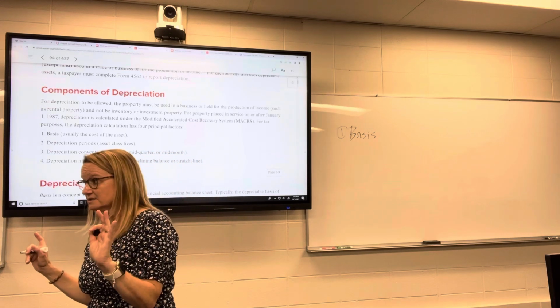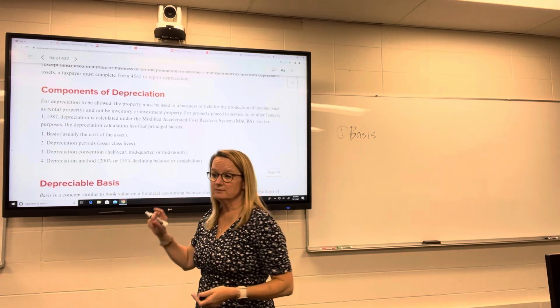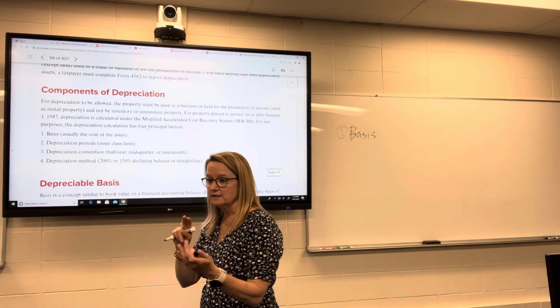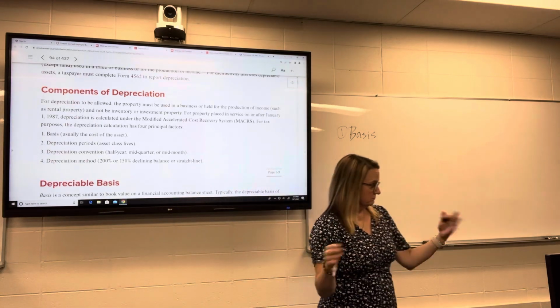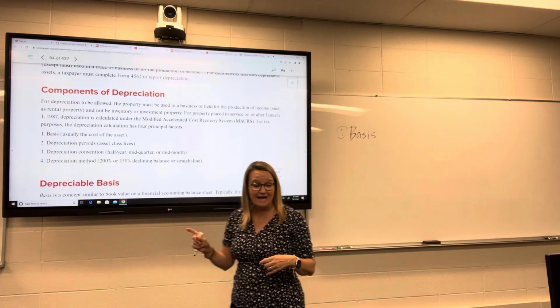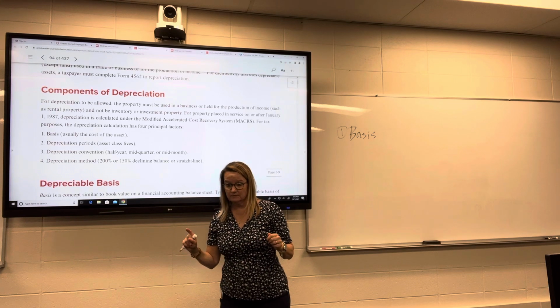You're using a lot of estimates for financial accounting. Well, in tax, we do not get to choose how long we depreciate that item over.